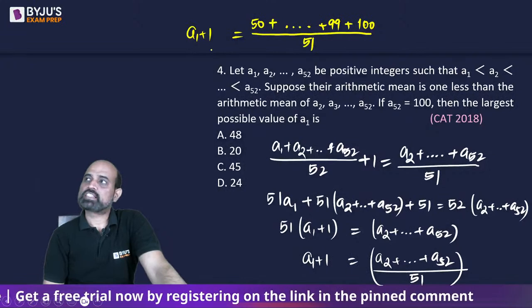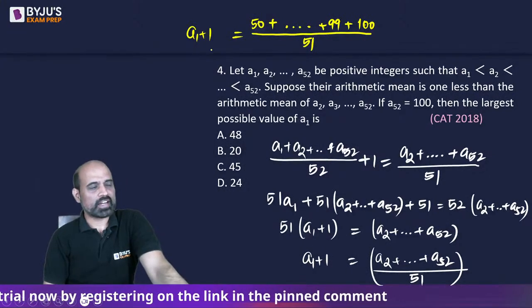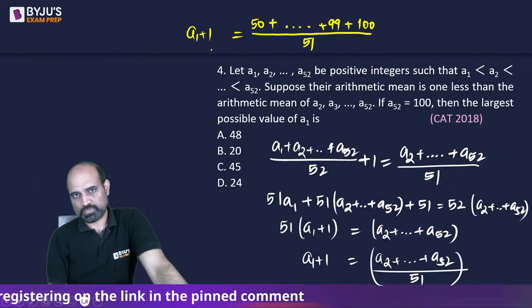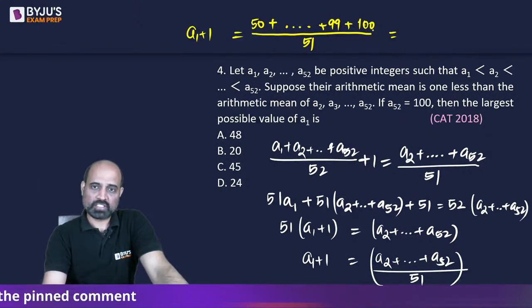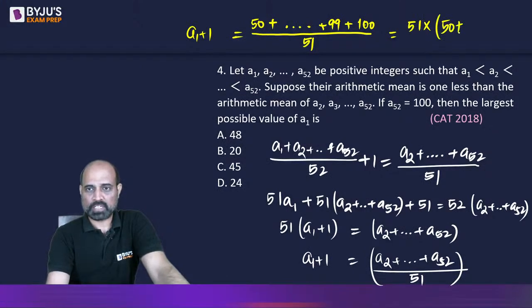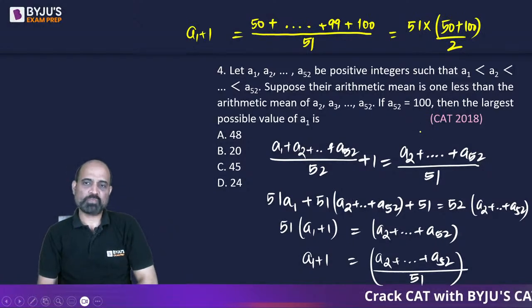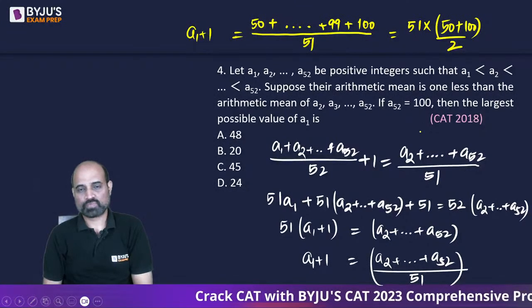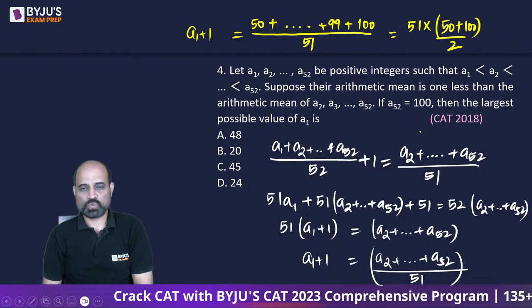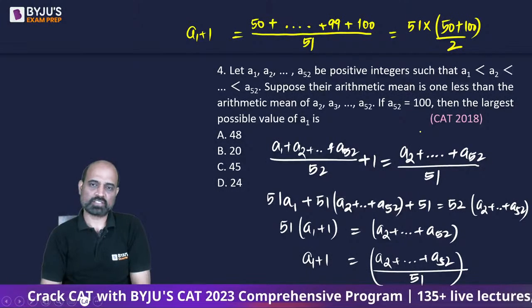If I need to maximize a1, shouldn't this mean that a2 onward should be the largest values? Well, if I try to find the answer, this is a total of 51 numbers and their average is 50 plus 100 whole divided by 2. So 175 by 2 is going to be in decimal point. So this one will not make sense.